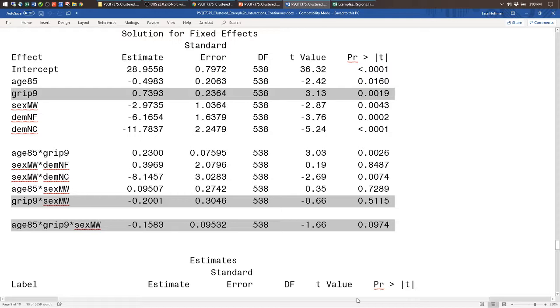So, being strong is good for you. In men who are 85. What happens to that simple main effect of grip in women? Less positive. So the extent to which grip is good for you is lower in women than men, non-significantly, but whatever.